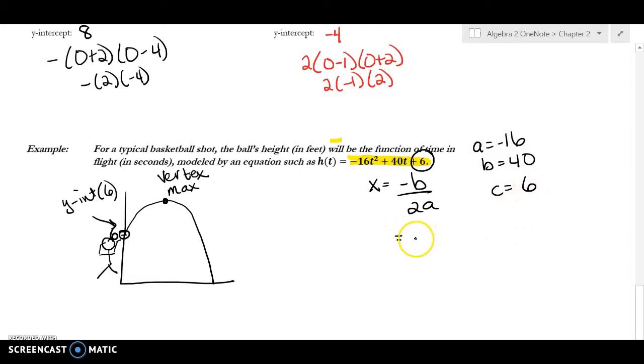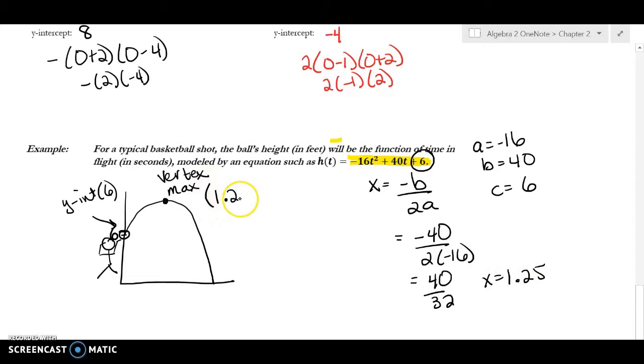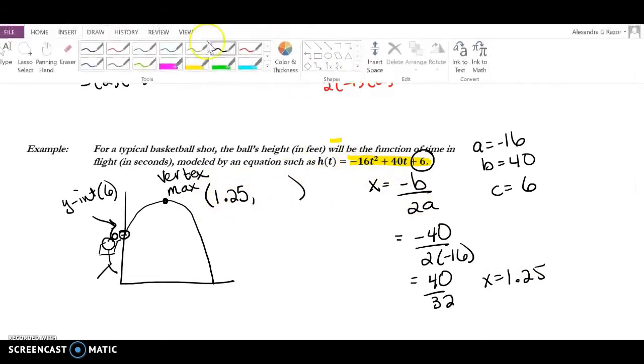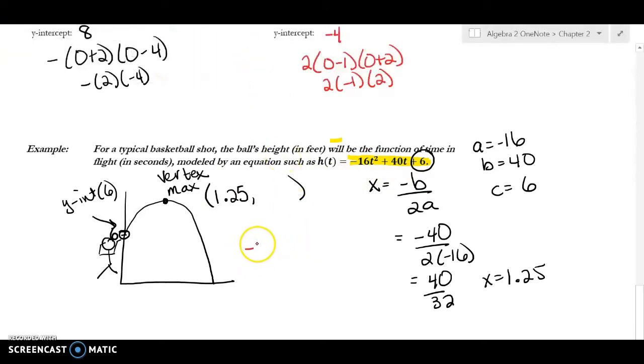So it's going to be negative 40 over 2 times negative 16, which is positive 40 over 32, which is actually 1.25. So I know that this is at 1.25. Now to find the other number, the y value, remember I'm going to take that and I'm going to plug this in. And I'm not going to do the math by hand. I'm going to use my calculator. But when I plug that in here, I get 31.